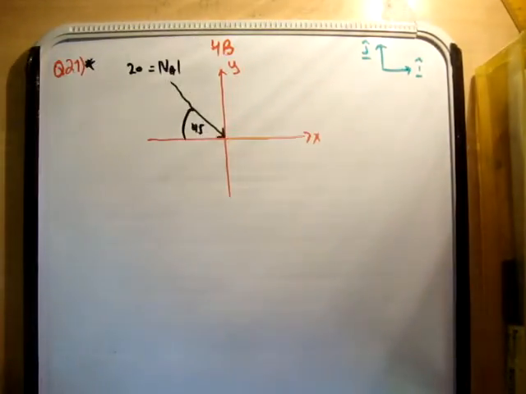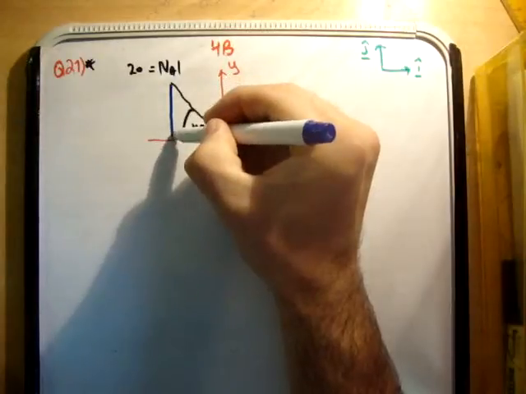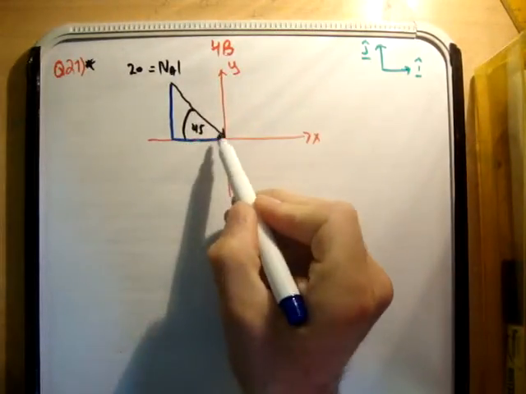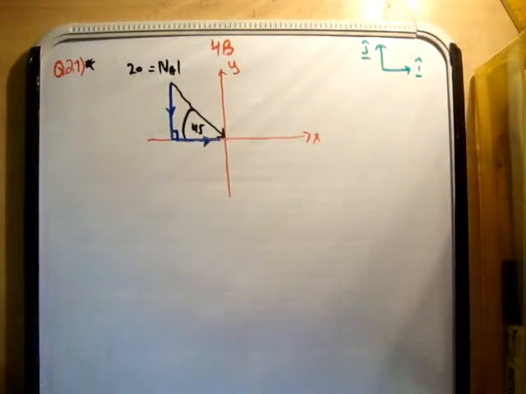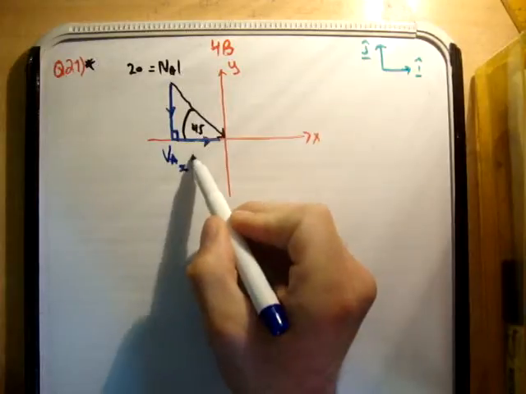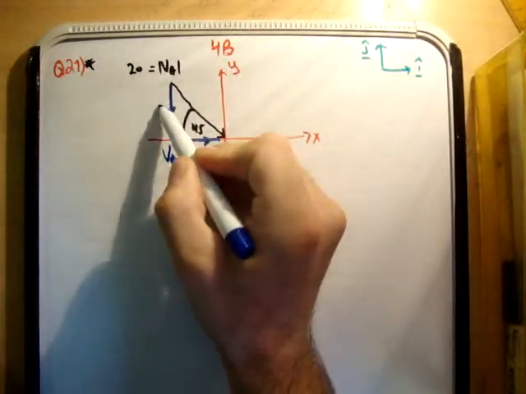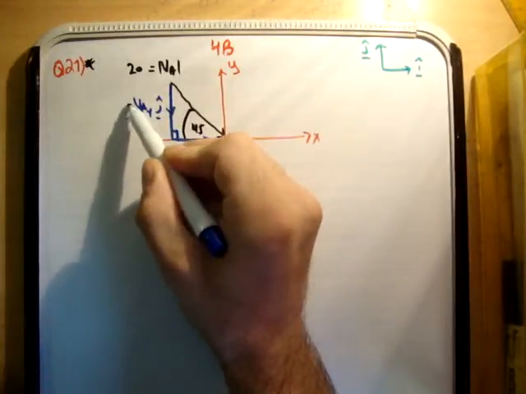And then I'm going to resolve this vector. So we need the two vectors which, when added together, create it. It's going to be parallel to the y-axis, parallel to the x-axis, in those directions like that. That's going to be a right angle. This is going to be VA sub x i hat, and this is going to be VA sub y j hat.